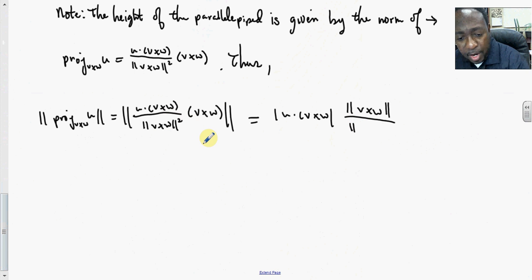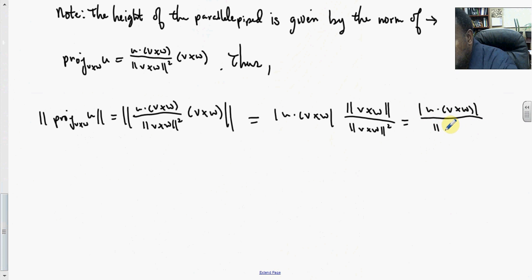Again, the norm of this guy squared is just a number, and it's already positive, so we just leave it the way it is. And so this is just the absolute value of u dot v cross w divided by the norm of v cross w squared. So what is this? This is the height of the parallelepiped.